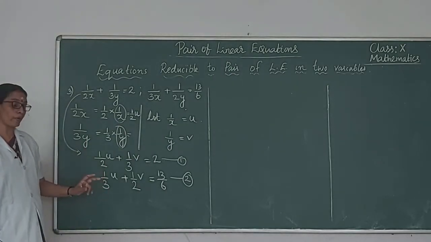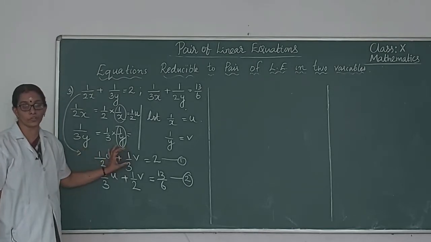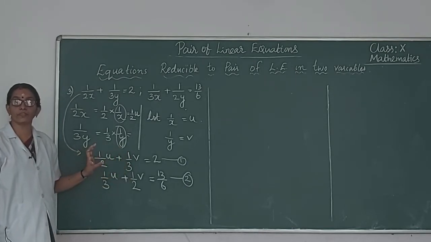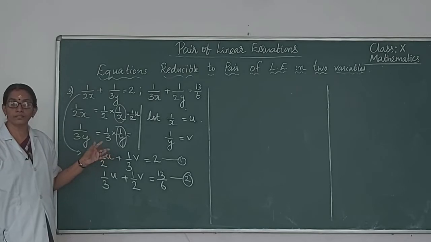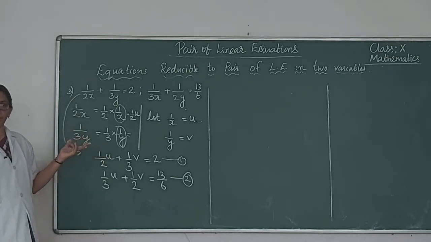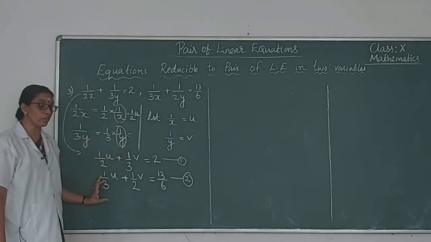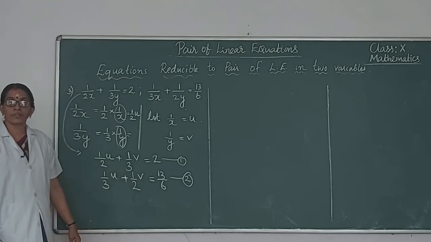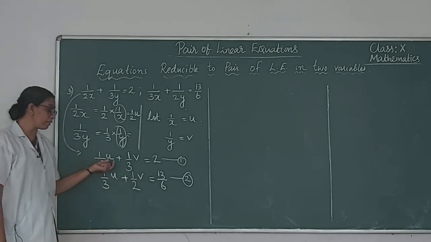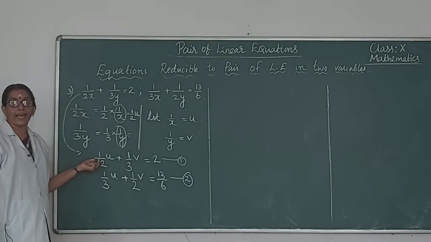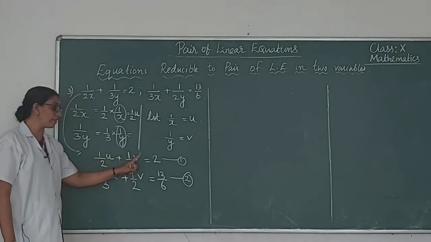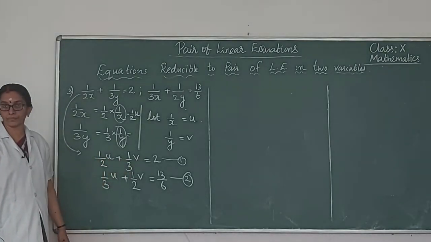We have to avoid this rational form of coefficients. How can we avoid? Can you recall what method we have applied to avoid this rational form of coefficients? Yes, we have taken the LCM of the denominators and multiplied each and every term by that LCM.